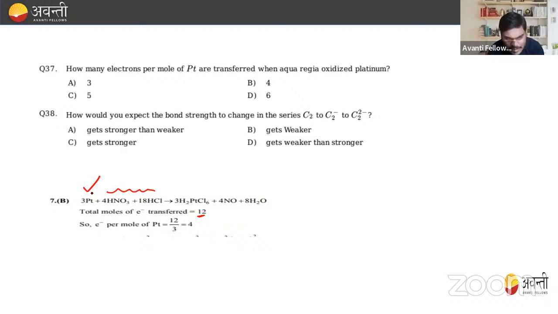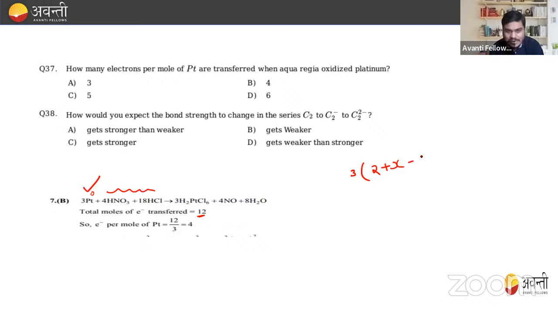Here the oxidation state of Pt is 0, right? And here the oxidation state of Pt becomes what? We know that H2 has 2, and this is X, and chlorine has how many, beta?